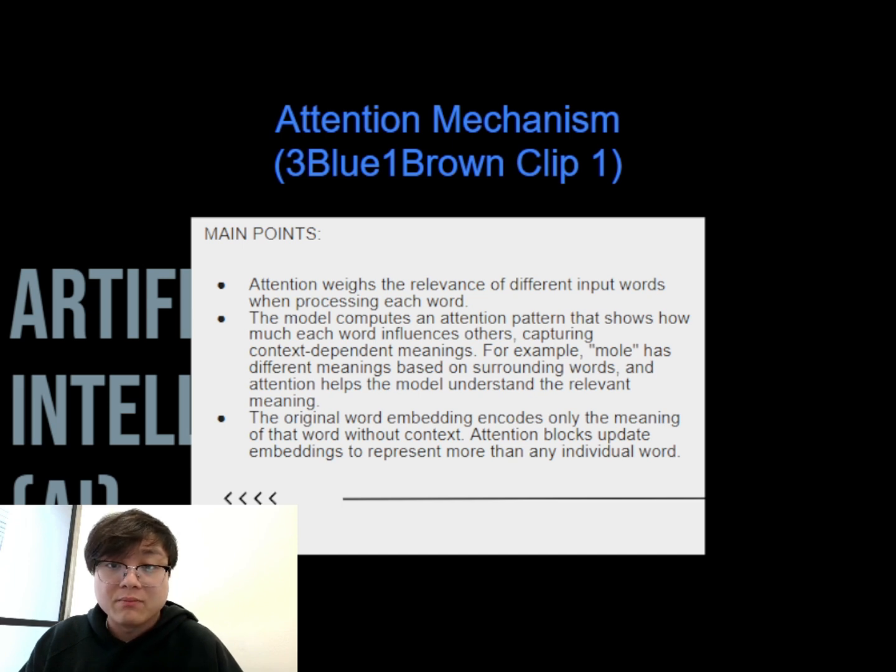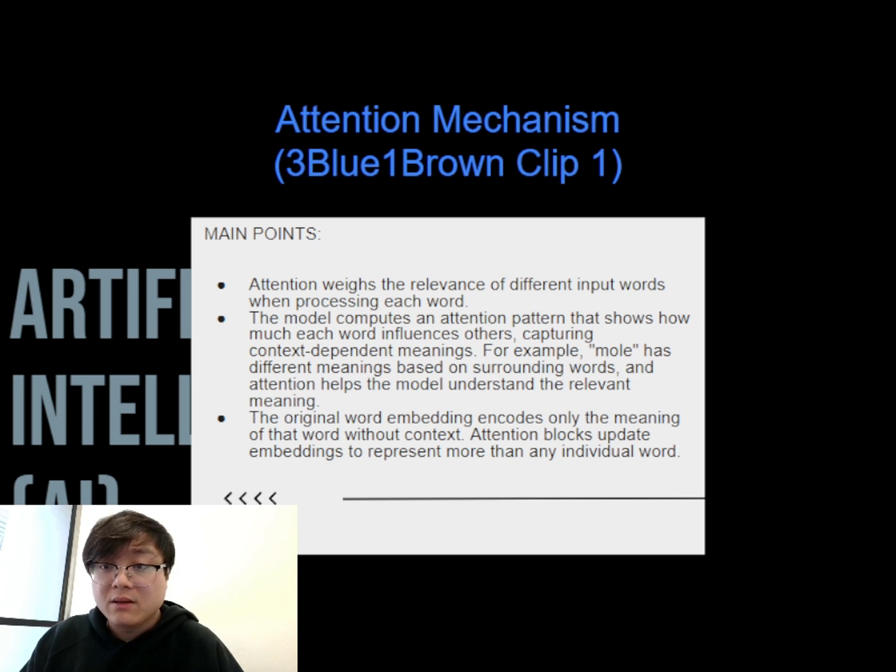For example, the word mole can mean different things: a small animal, a skin blemish, or even a spy, depending on the surrounding words. Attention helps the model focus on the right meaning by computing patterns of influence between words.